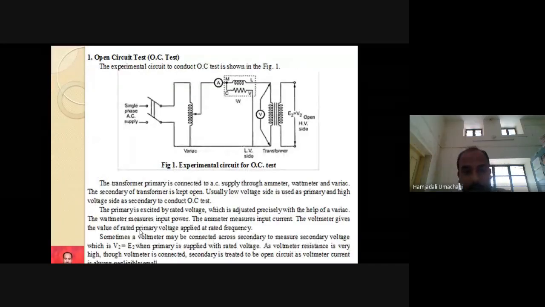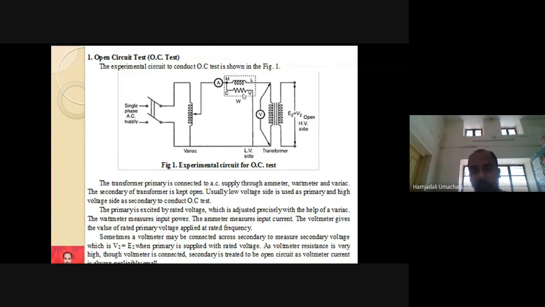Yes, sir. Okay, so the procedure for the open circuit test is that you need to apply rated voltage. That rated voltage, whatever we are applying, can be observed on this voltmeter by varying the single phase autotransformer. Once you get the open circuit rated voltage, stop varying the voltage, then note down all the ammeter, voltmeter and wattmeter readings.